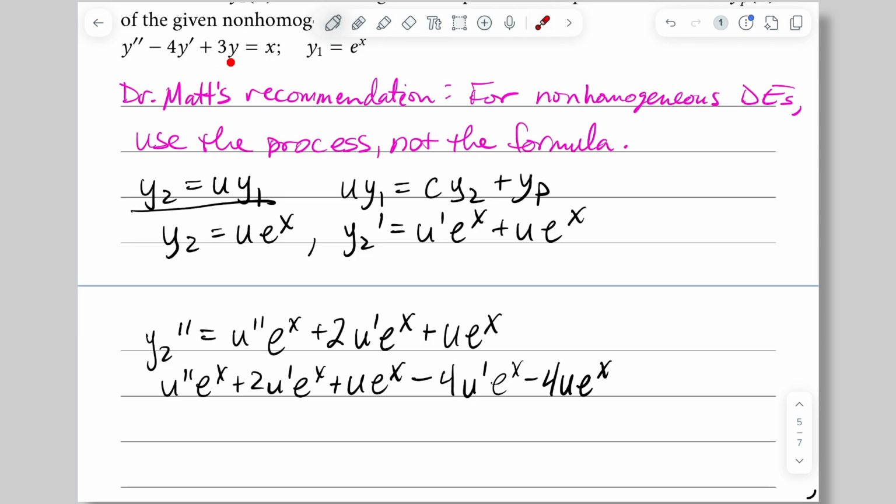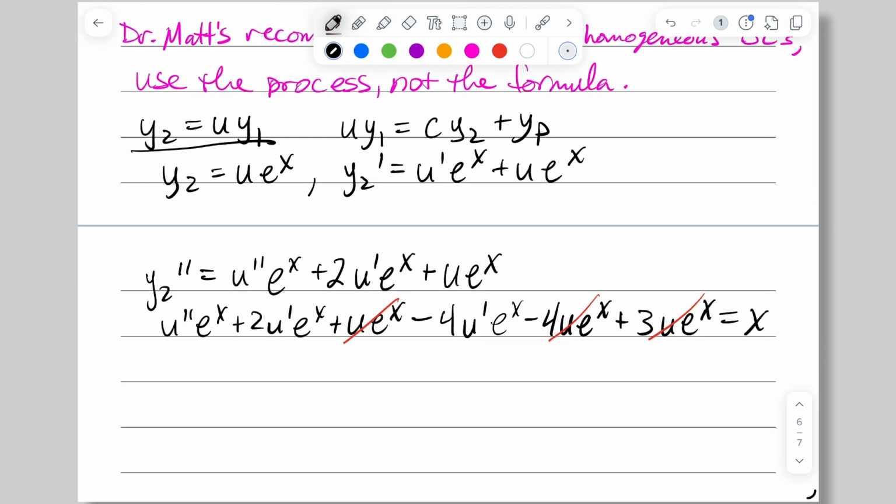And then plus 3y is going to give us plus 3u e to the x equals x. You'll note every term that has an undifferentiated u is going to add up to 0. You can see why in the first video of this series.